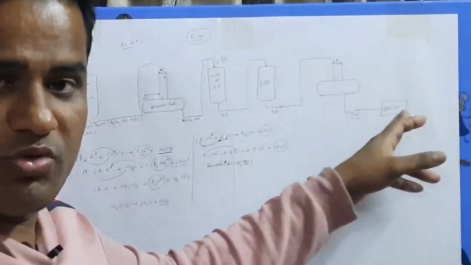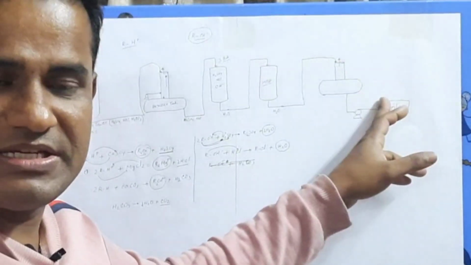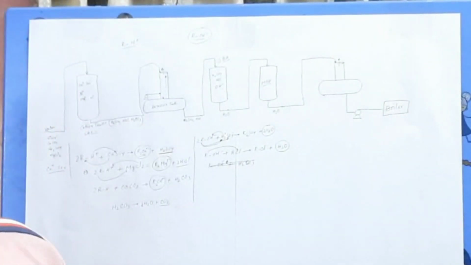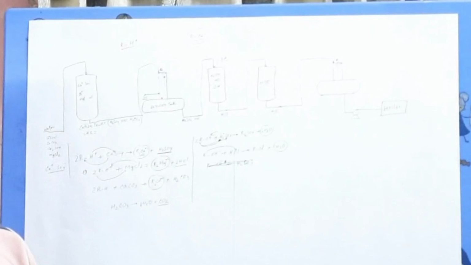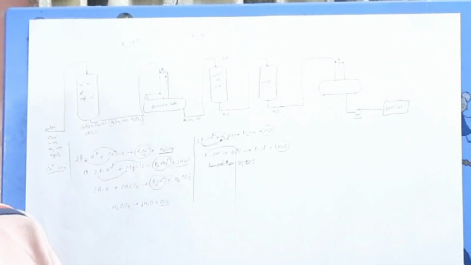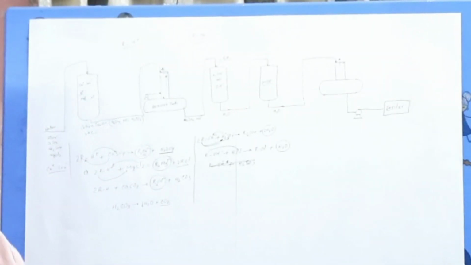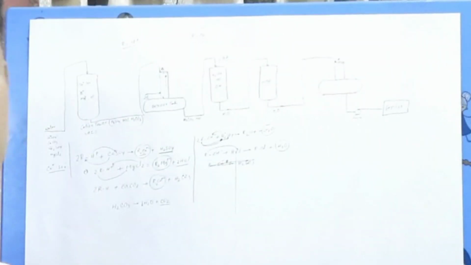From this boiler, we are providing steam. This steam we are using for running the turbine and running the STG. From this STG, we are getting electricity, and by running the turbine, we are transferring fluid from one place to another. We are also using this steam for other purposes.